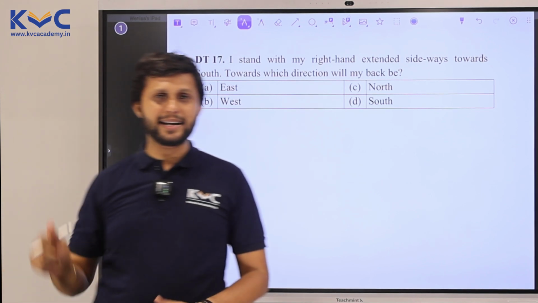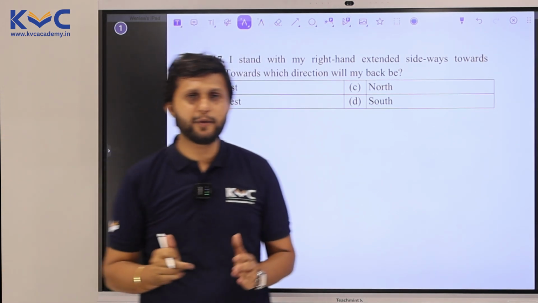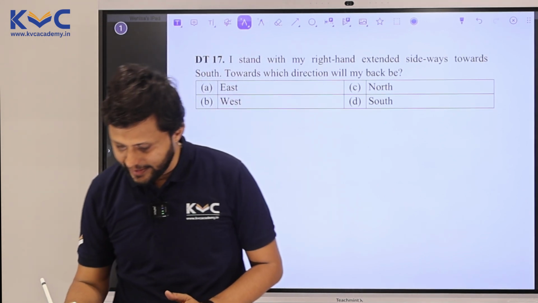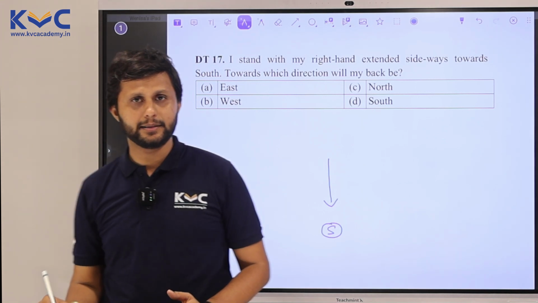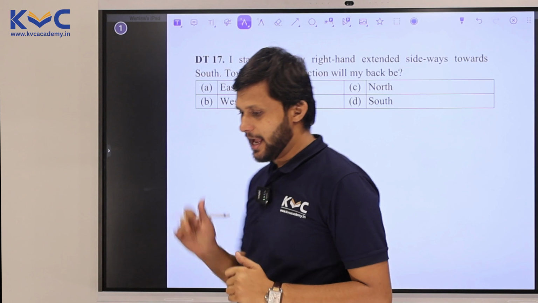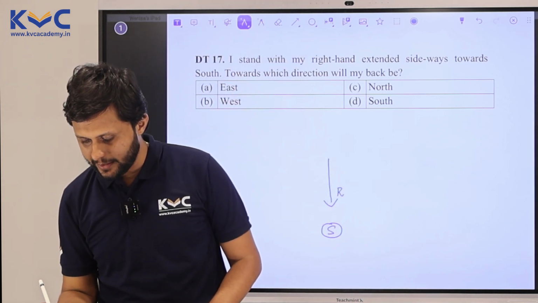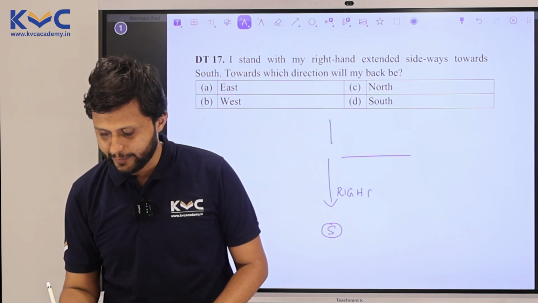I stand with my right hand extended towards south. So if I am facing a particular direction and my right hand is facing south. This is south. Correct? This is something like this, south. Yes. And so where is my face? My right hand is over here. This is my right hand. So this is my left hand.